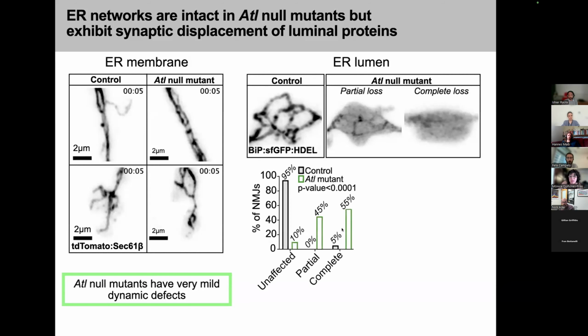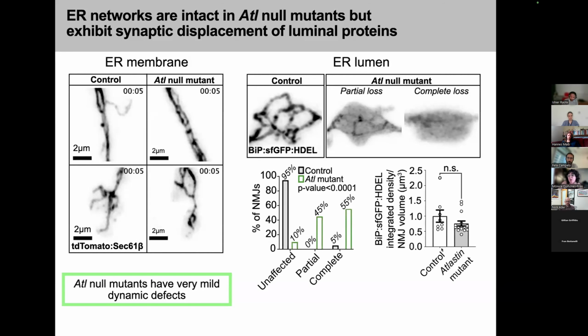And we were able to quantify these, and we saw that most Atlastin null mutants showed one of these two phenotypes. And we also measured the levels of the marker, and we saw no change in the levels of the marker itself within the synaptic terminals, suggesting that it's just being redistributed to another place that's not the ER.